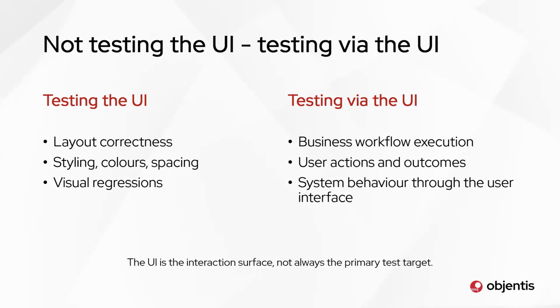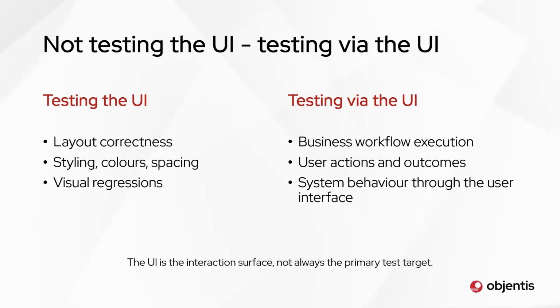But another aspect of automating the user interface is testing via the UI in order to test your business workflow execution, to test if the outcomes that the user runs through the user interface are actually correct from an end-to-end perspective, or generally speaking, is the system behavior correct through the user interface?